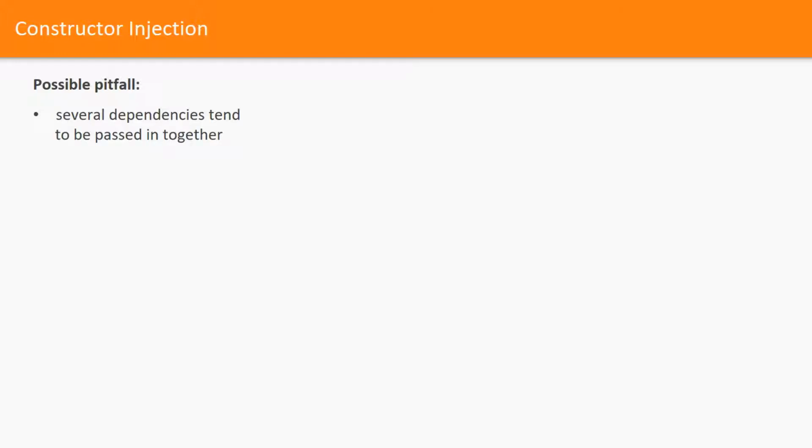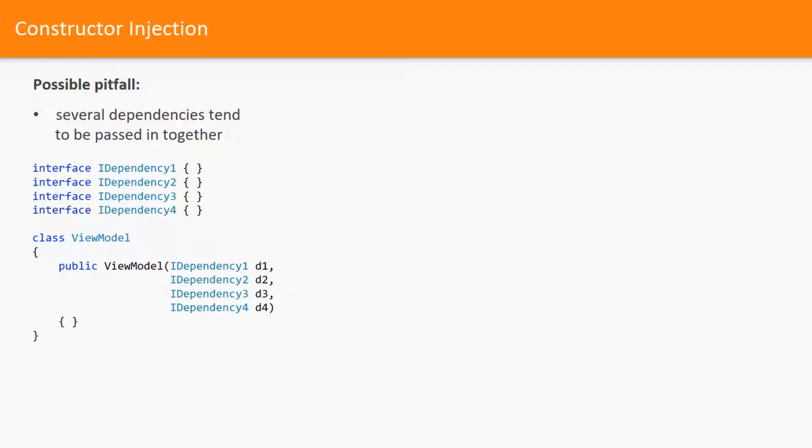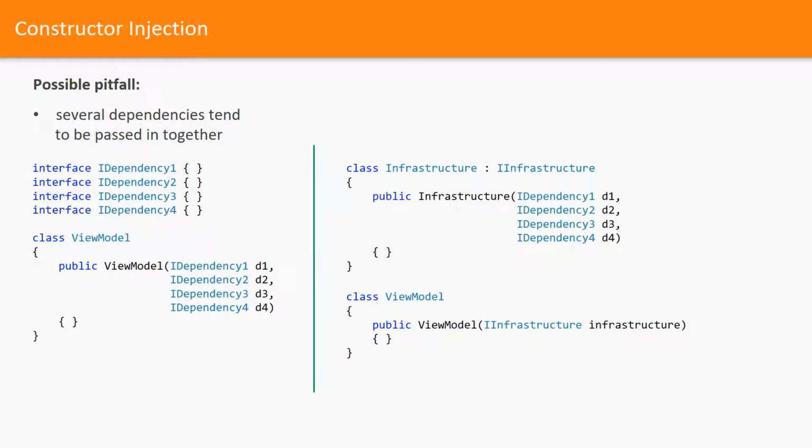Sometimes it happens that several dependencies tend to be passed in together. Here is a code snippet which shows that a view model takes 4 dependencies, and imagine that many other view models take the same dependencies as well. In such cases, it would be wise to create a container object for them and require that container object to be passed in the constructors.